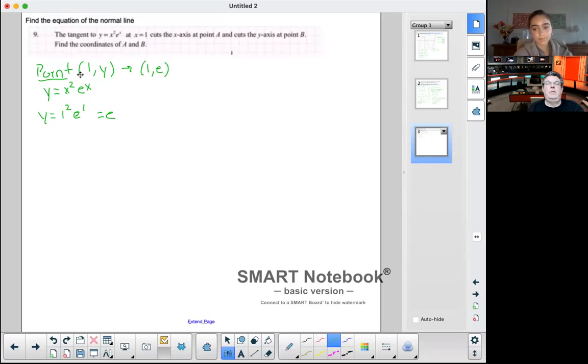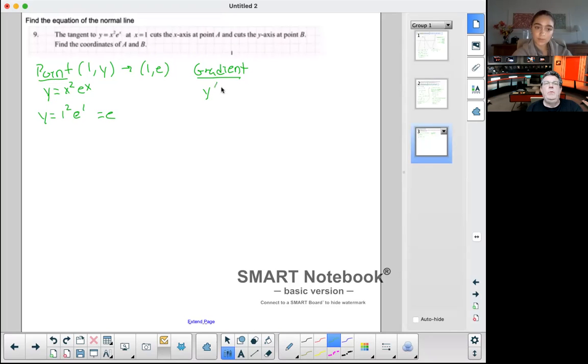Okay, so the point, and so the gradient, I apologize for always saying slope. It's okay. I find the derivative, right? You find the derivative to find the gradient. Yeah. Okay.